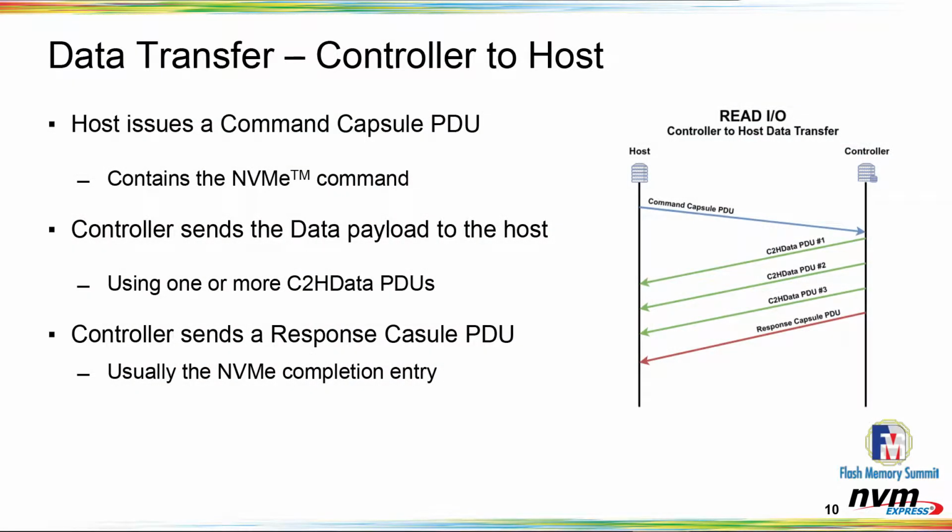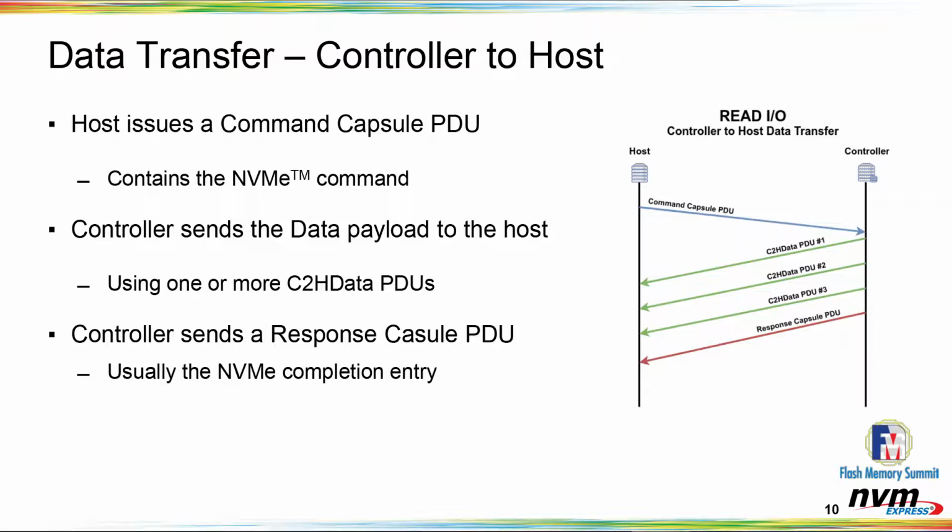The data transfer model should look very familiar if you know how other storage protocols work. If you look at the read transaction in its most general form, it starts with the host issuing a command capsule PDU that has an NVMe SQE in it saying I want to read a set of LBAs.